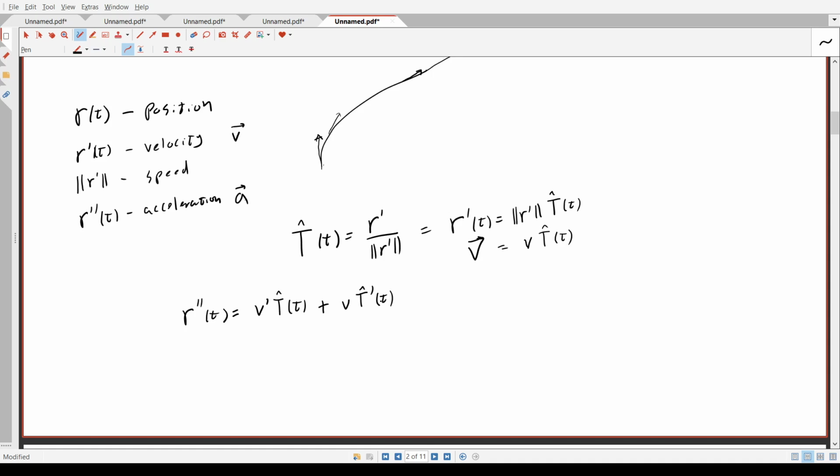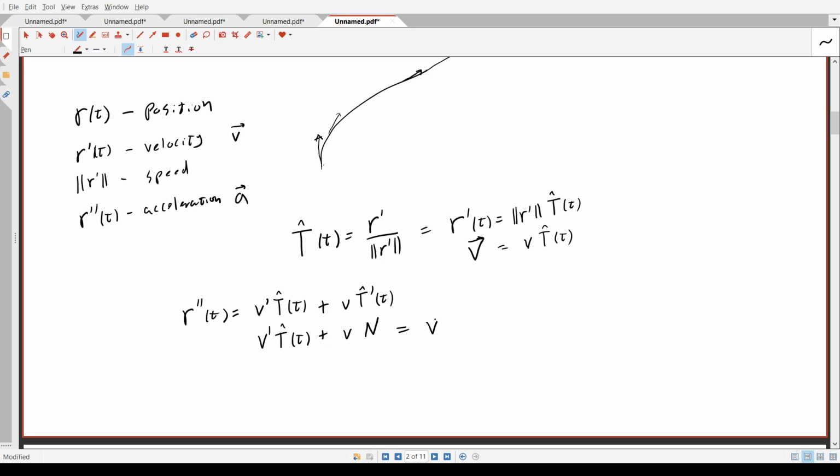Okay, so I can write this in terms of the unit normal vector, right? So I know that this is v prime T hat of t plus speed times the normal vector. Okay, and let me just normalize the normal vector, right? So we have the unit normal vector.